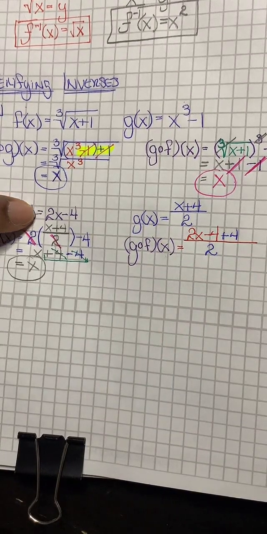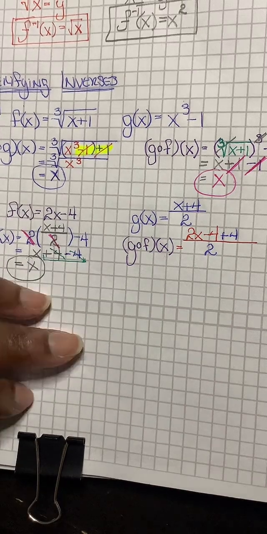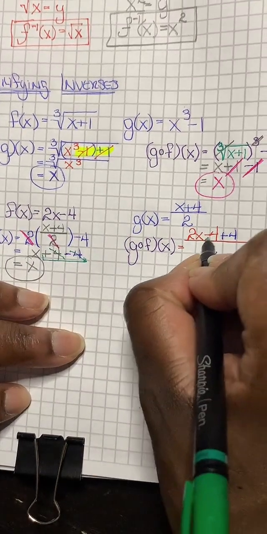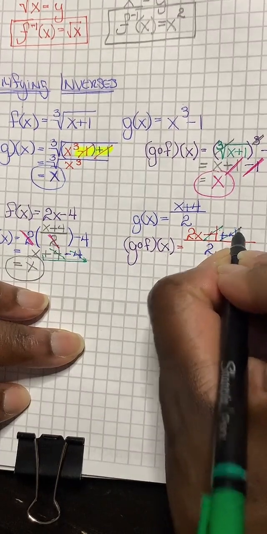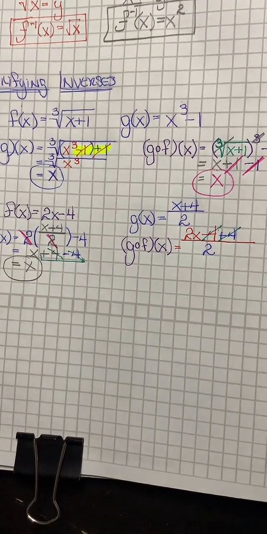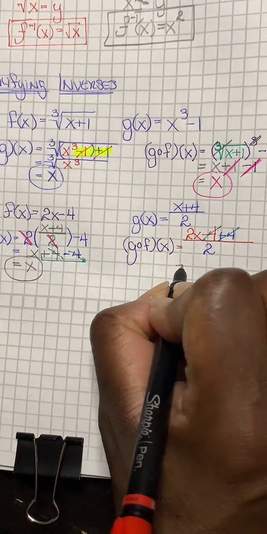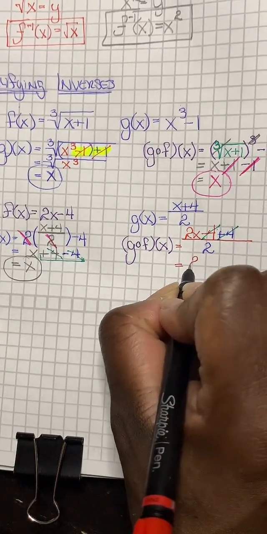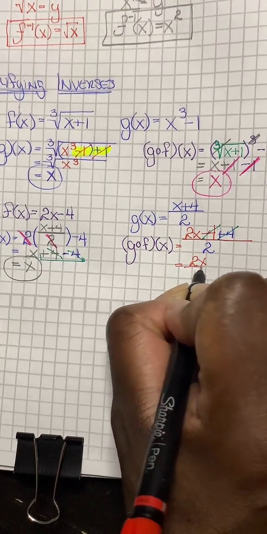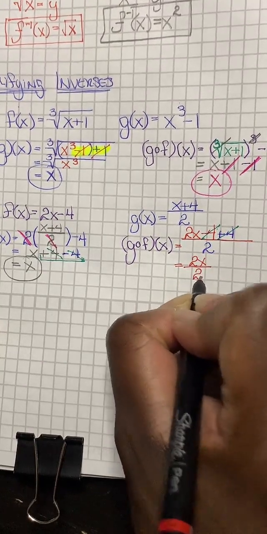All right. So now up here in the numerator, negative 4, positive 4, they cancel out. That gives me 0. So now what's left is my 2x over 2.